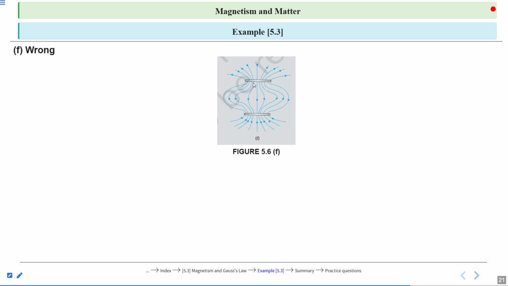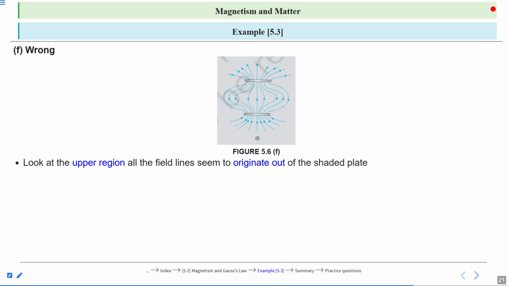But here field lines are exiting from both ends. If we consider a Gaussian surface around this shaded plate, the magnetic flux will be non-zero, because all the field lines are exiting. There will be a net outward flux, which will violate Gauss's law for magnetism. So the direction of the field lines is wrong.